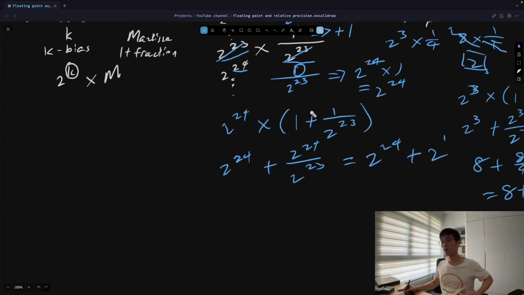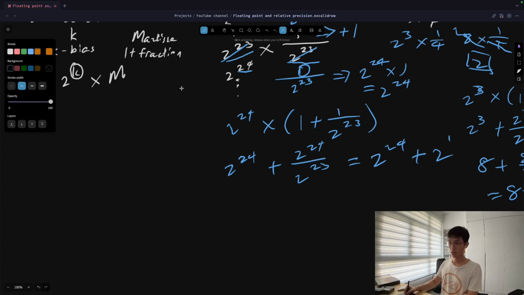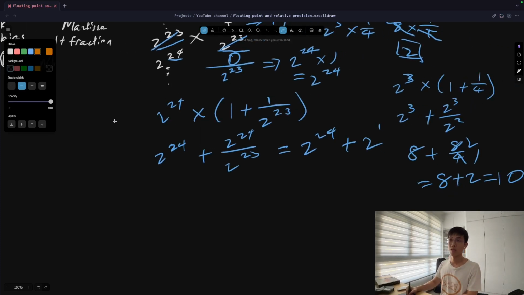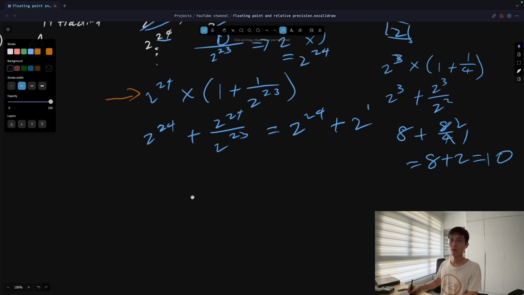And I think this is interesting because if we extend this example further, right? Let's say we use this over here, this equation, and we increment the power, right? 2 to the 25 times 1 plus 1 over 2 to the 23.